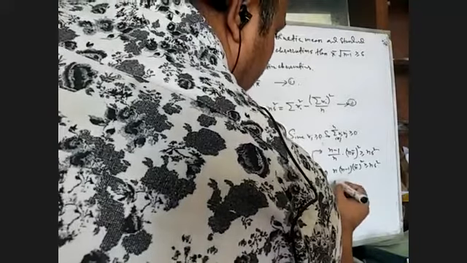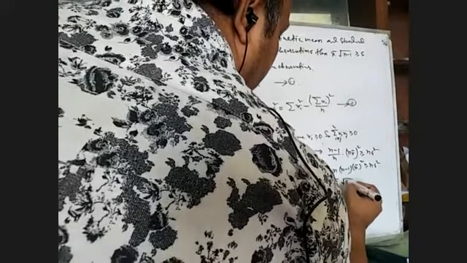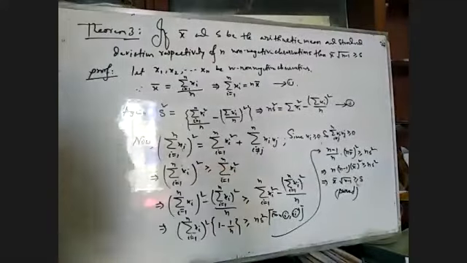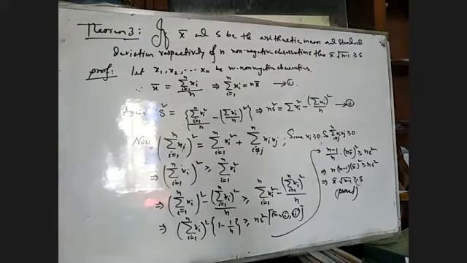Dividing by n on both sides because n is non-negative, and taking a square root, we get this one. Okay, proved. Dividing by n on both sides and taking a square root on both sides. Okay, this is the result.